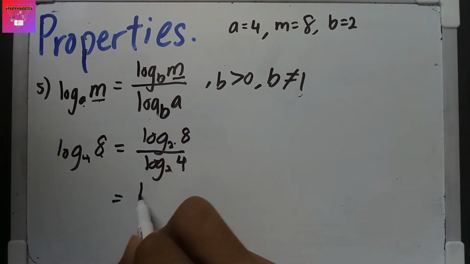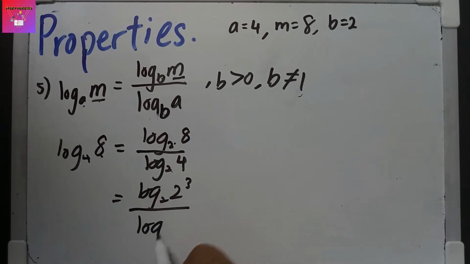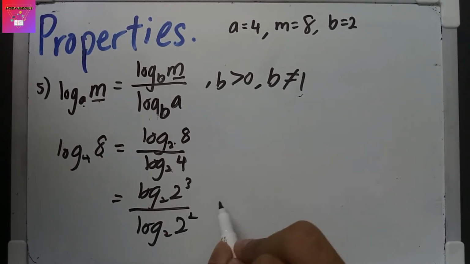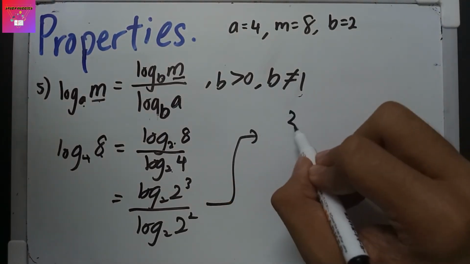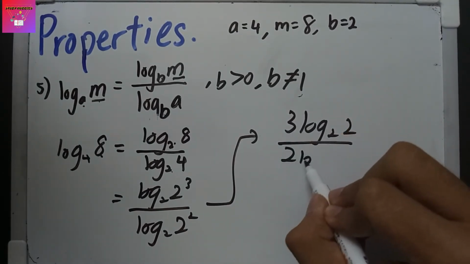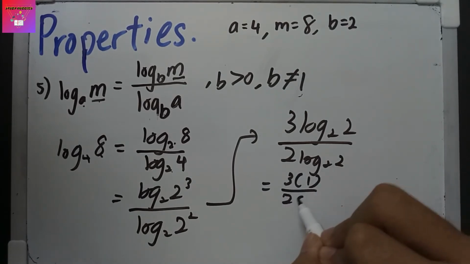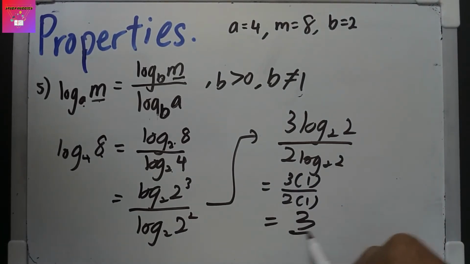So I'll just solve this question. Log 2 to the power of 3 over log 2 to the power of 2, which brings us to 3 log 2 over 2 log 2. So 3 times 1 over 2 times 1. So the answer is 3 over 2.